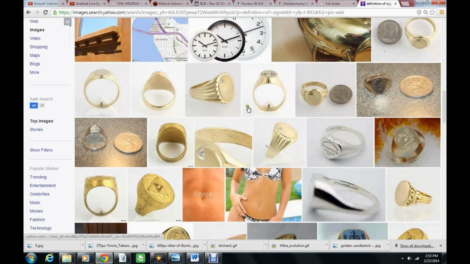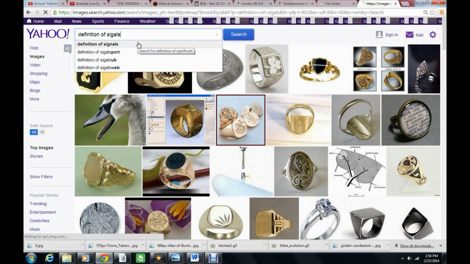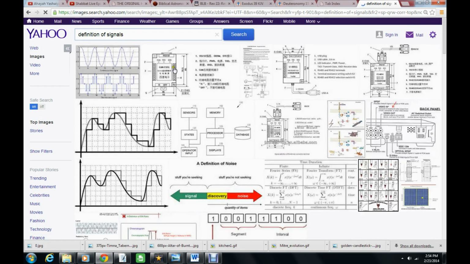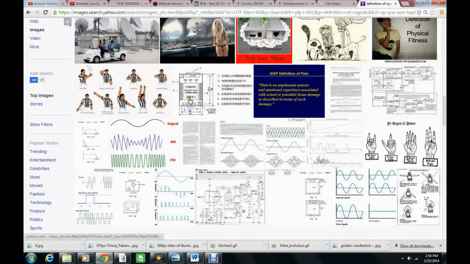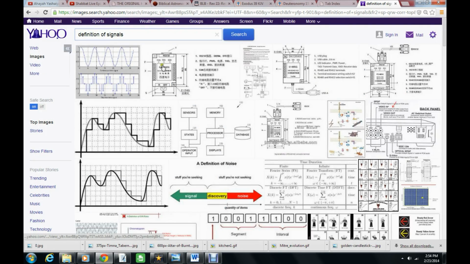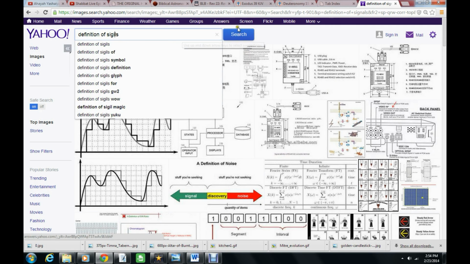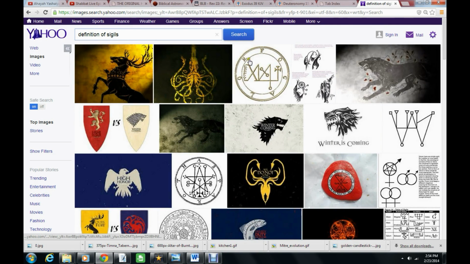That's similar to sigils, which they use in witchcraft and things like that. They took that all from us. Sigils, like these things right here. These are sigils.